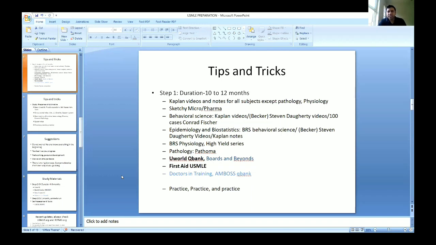The chances are the person might leave the entire USMLE preparation during Step 1, when everything is not happening according to their plan. So my advice here is just to be persistent, have patience and keep working hard. The average duration I can say is 10 to 12 months for an average student.